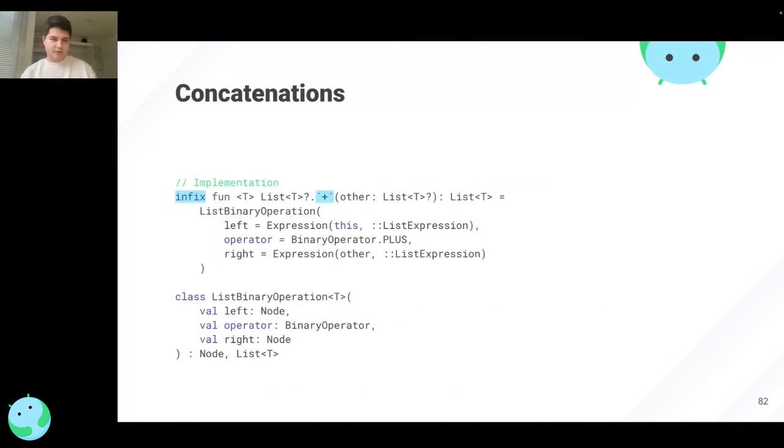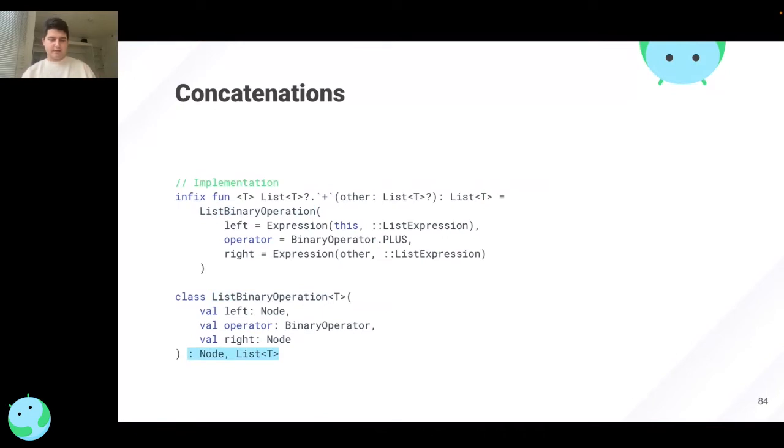Yeah, and here is the same thing. We are implementing this plus as an extension function to an existing type. So for list, it will be an extension function for list, and we will have a duplicate of this function for each type. The main thing is that we have a list binary operation, which again is another node of the tree, which has left and right operands, which it then adds to the tree that we're already creating.